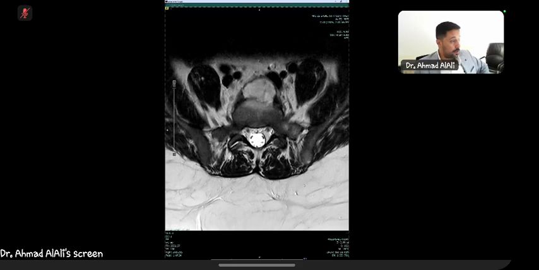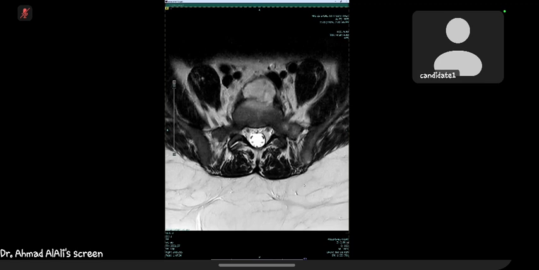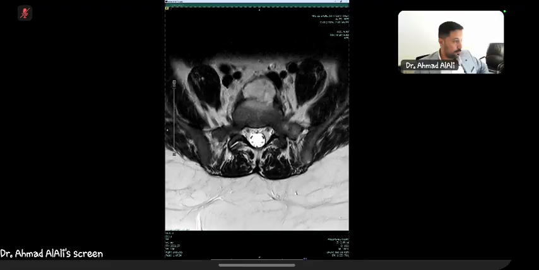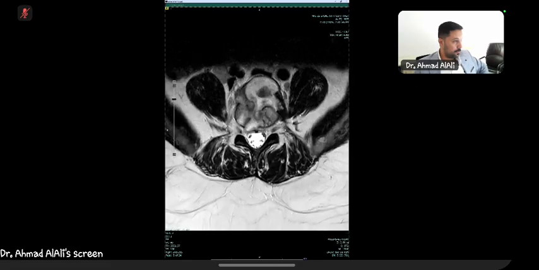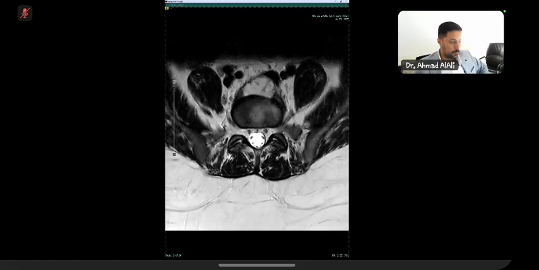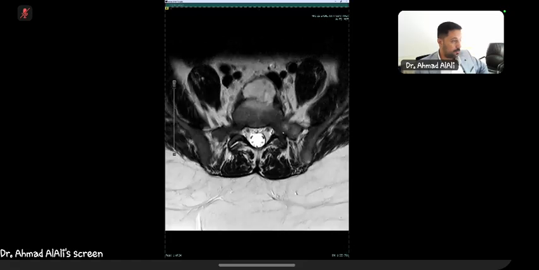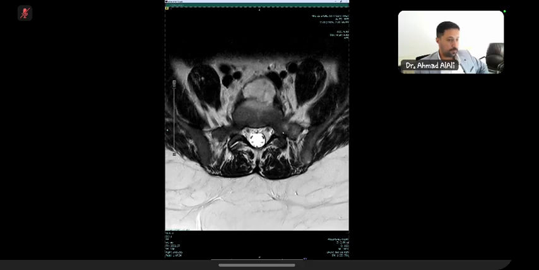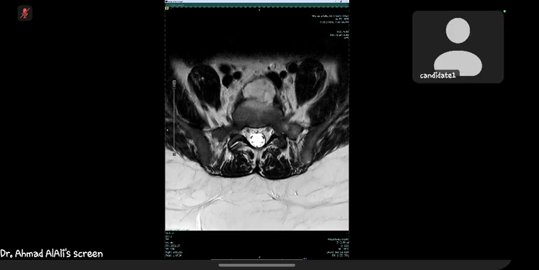Okay, anything else? Yeah, I'm trying to go to the upper cuts of the vertebral bodies.